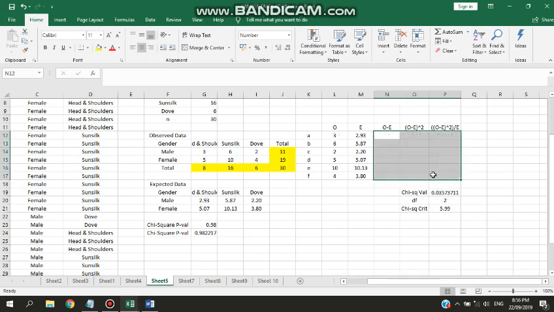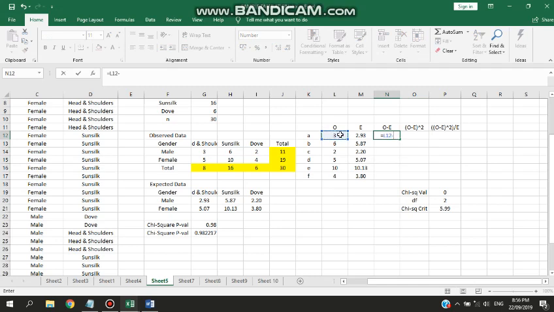So let's do it all over. Equals O minus E, hit enter. Then square it, shift 6 and 2, or you could just type in an asterisk and multiply by itself.